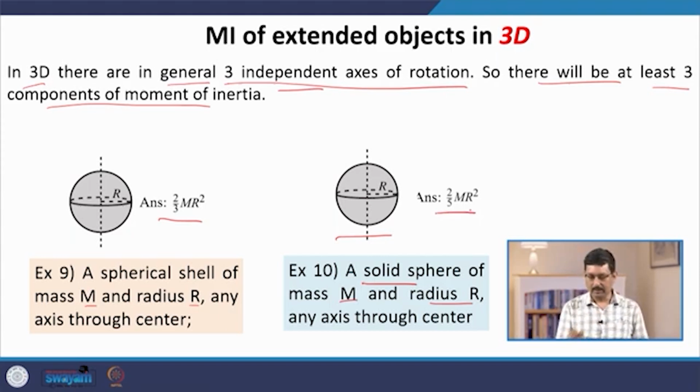So, we see that the moment of inertia is different. In fact, it is now smaller compared to the spherical shell. This reminds us of the analogous result in 2 dimensions, where we saw that a filled disk of the same mass and same radius has lower moment of inertia compared to a ring.